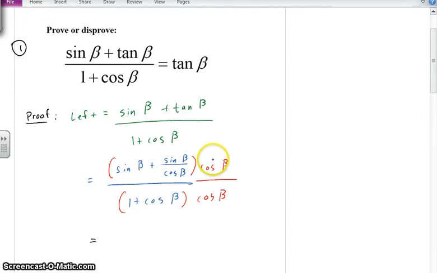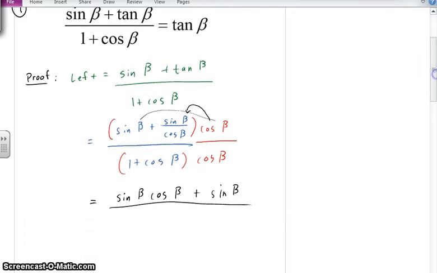Alright, so when we do that, we have to distribute the cosine beta in here, so I get sine beta cosine beta, plus, when I distribute it into the second term, well, there's a cosine beta in the denominator, and so it just becomes sine beta. In the denominator, I'm just going to leave 1 plus cosine beta times cosine beta.